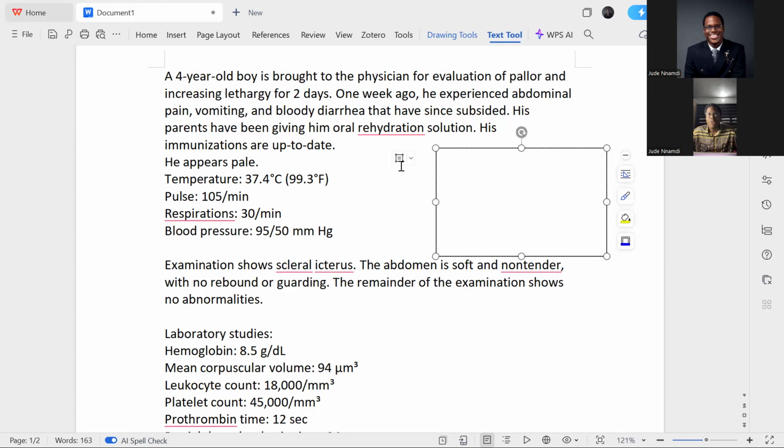So first, for the pathophysiology, I want you to understand that when a child is infected by enterohemorrhagic E. coli or Shigella dysentery, it can cause bloody diarrhea. When this toxin, the sugar toxin I spoke about earlier, gets into the body, it can release cytokines.